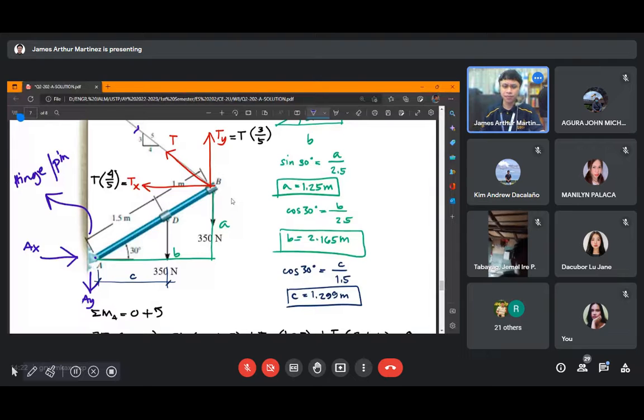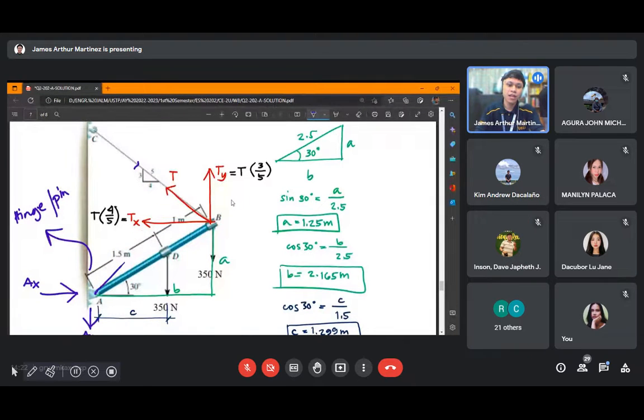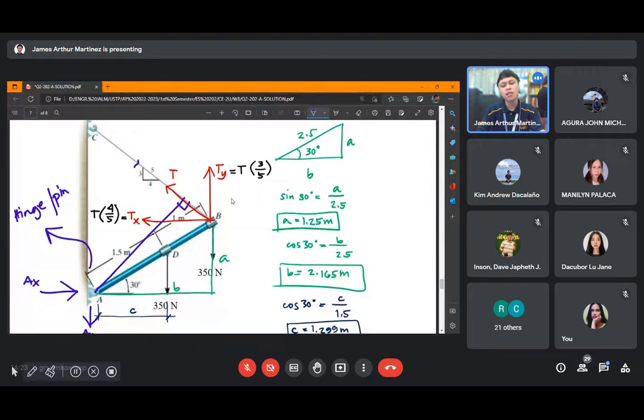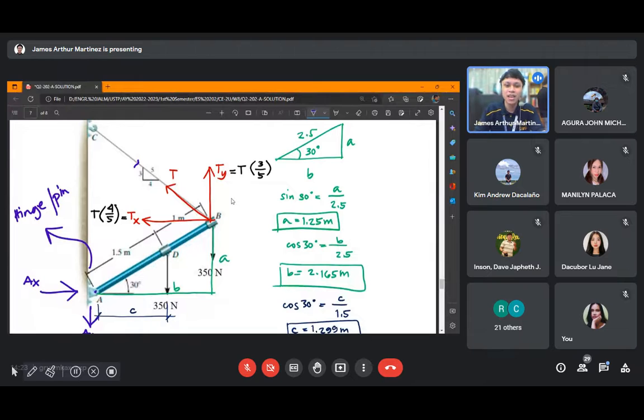Okay? So, if mag-take ng moment at point A, considering T, so kani dapat ito ang perpendicular distance na pangitaon, di ba? So, unsa man na pag-compute yung perpendicular distance? Maglisod ta, di ba? That is why ato na po siya i-resolve into components. Okay?